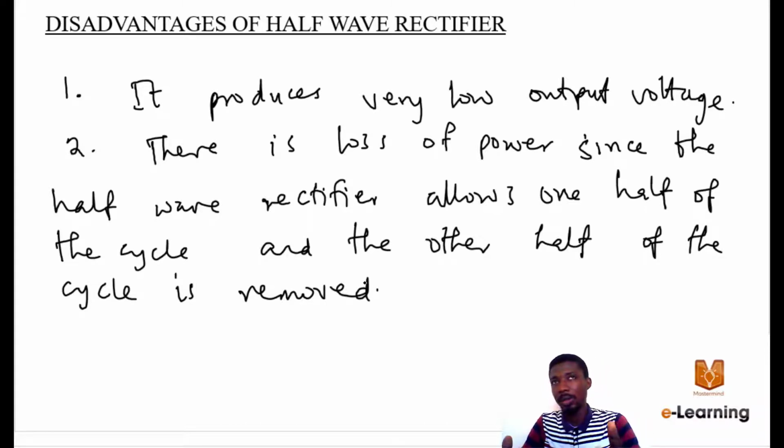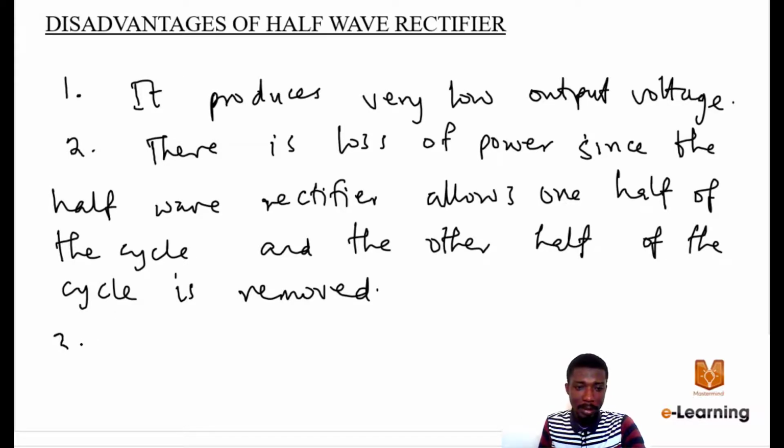Power is lost. You put in an AC signal that has both positive half cycles and negative half cycles into a system, and then at the end of the day it comes out as only positive half cycles or negative half cycles. The other half cycle has gone to waste, and so there is loss of power.